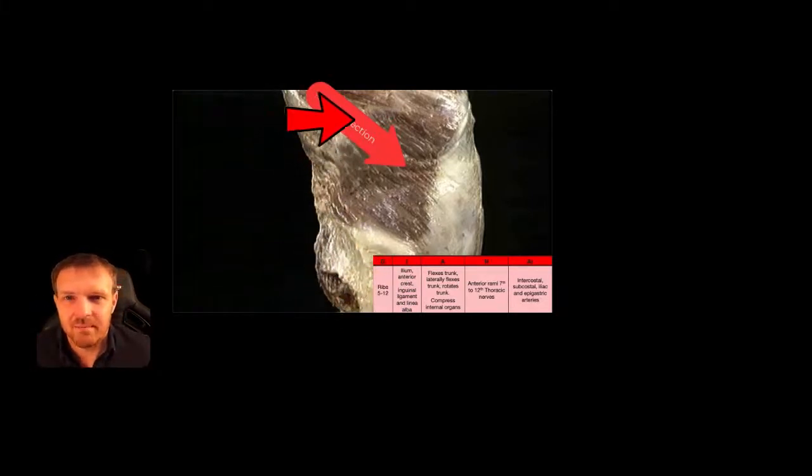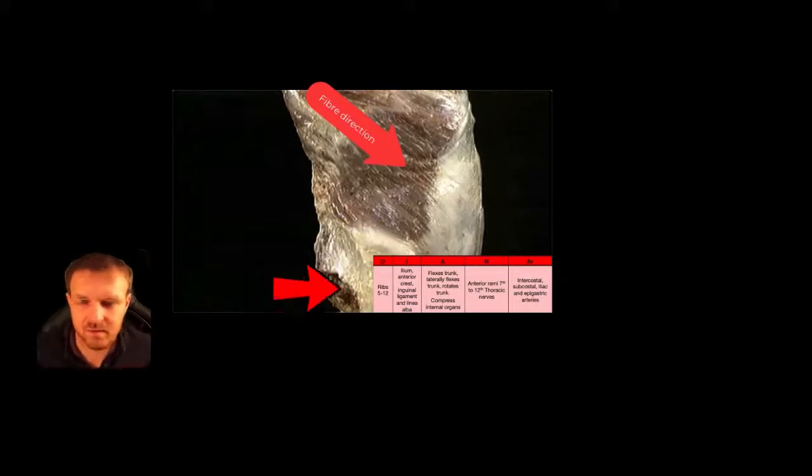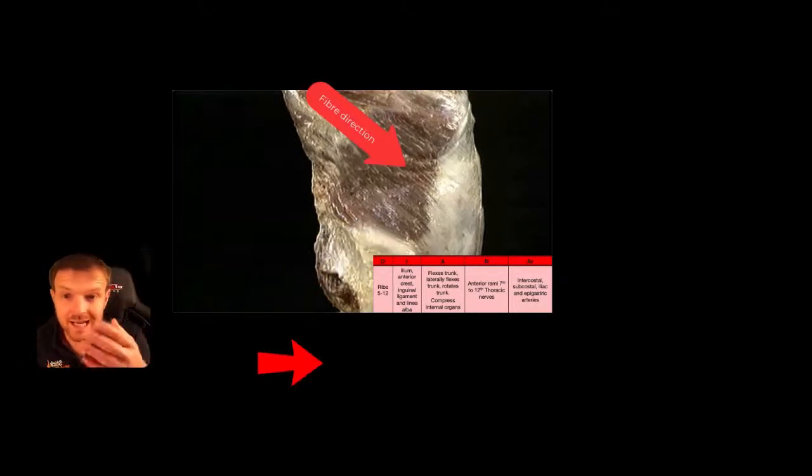But this is the fiber direction of your external oblique. These are your ribs up here, aponeurosis at the back, iliac crest just here. Okay, so this is the right side of an abdomen looking from that side. So now what we're missing is the skin and the subcutaneous fat.